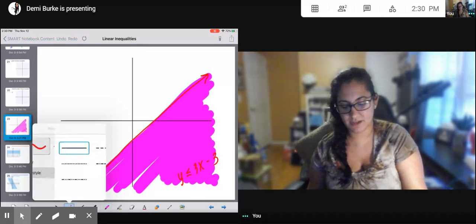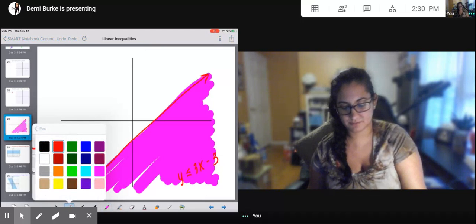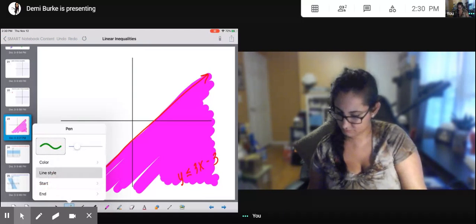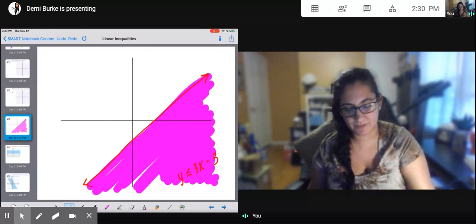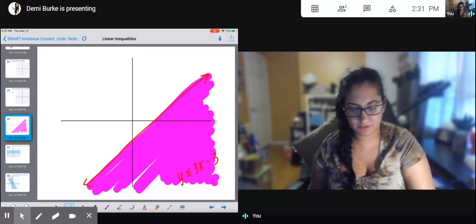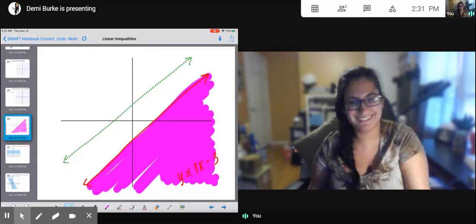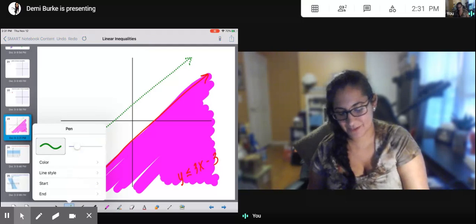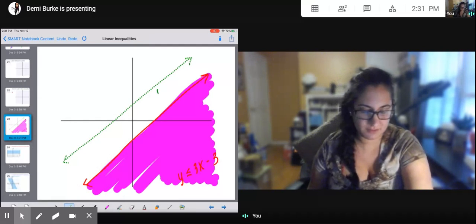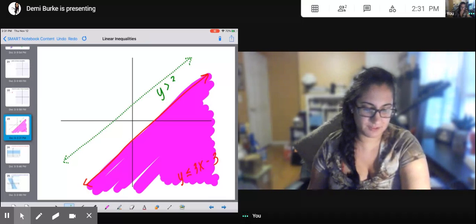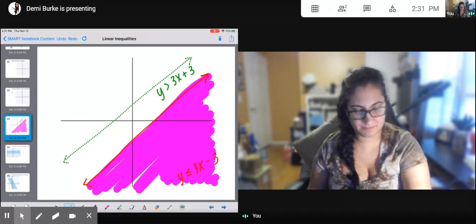You might get a green equation. I was going to try this out now. Holy crap, it works. Guys, we're learning together. Let's call that equation y is greater than 3x plus 3.